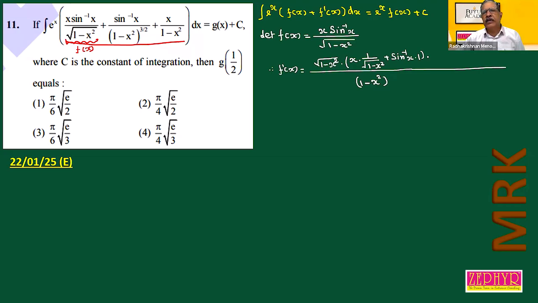Minus numerator, x sine inverse x, into derivative of denominator, root of 1 minus x squared. That means minus 2x divided by 2 root 1 minus x square.